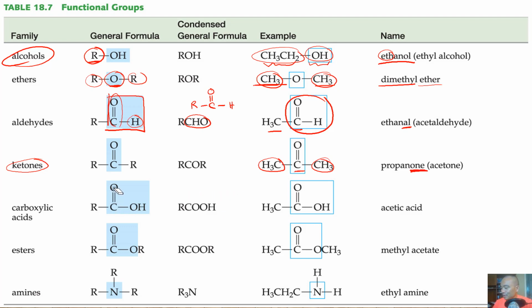C is connected to one of the oxygens with the double bond and then connected with an OH group. Do remember, this whole group is considered the carboxylic acid functional group. You cannot single out the OH and call this the alcohol functional group because you think the alcohol is OH. No, you have to put this together and call this whole thing the carboxylic acid functional group.